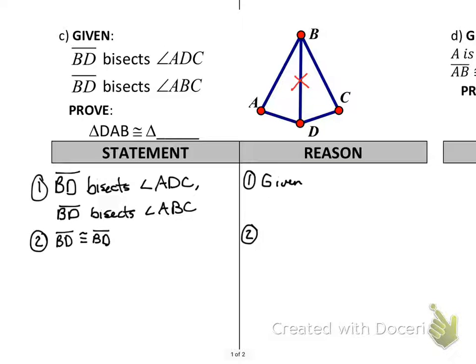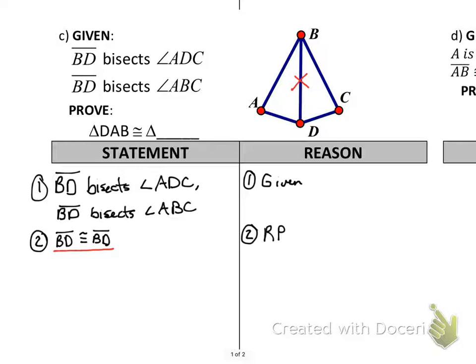Again, if you put BD and DB, it doesn't matter. So these 2 are congruent because of, like you said, the reflexive property. And we've got 1/3 of the way there. The next 2 shouldn't be too difficult. At first it might be, but once you see one of them, the other one will fall into place.